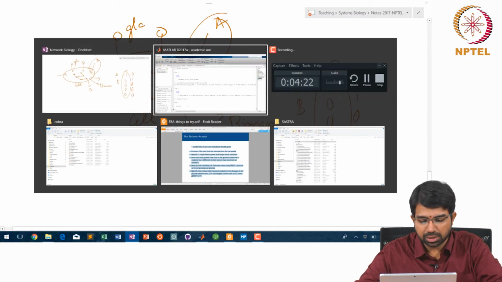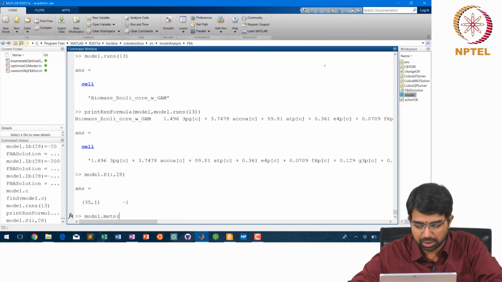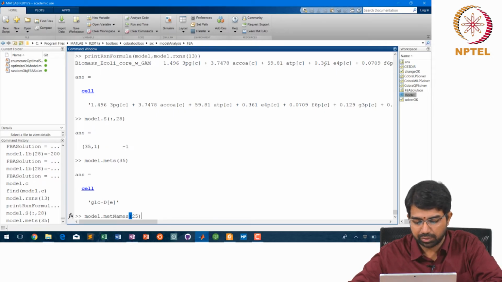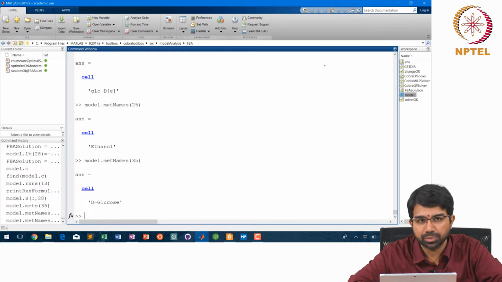Let us look at what is 35, model.mets(35). Glucose external. model.metNames(35) is D-glucose.